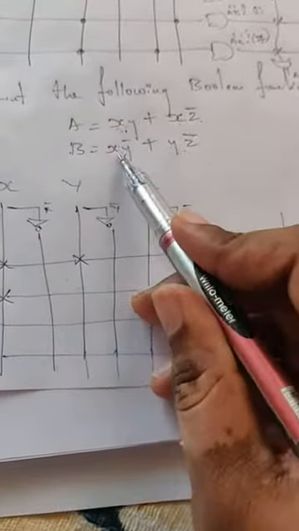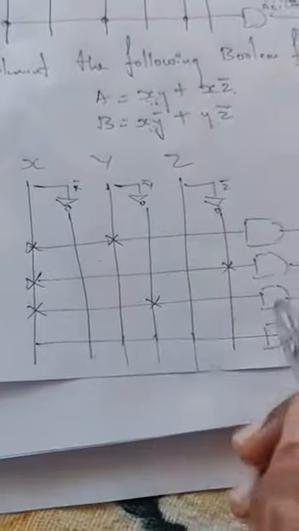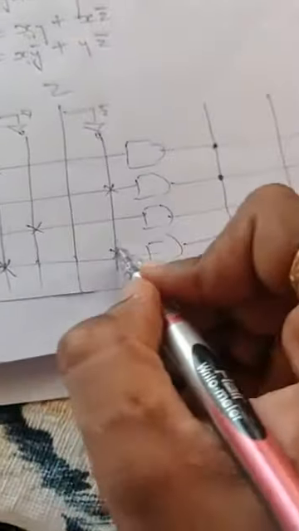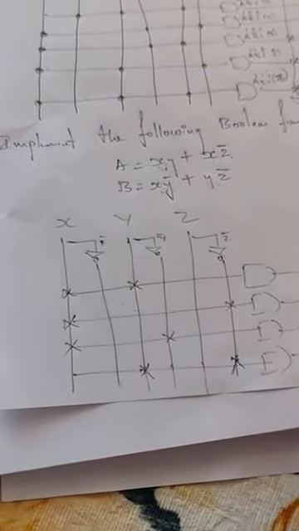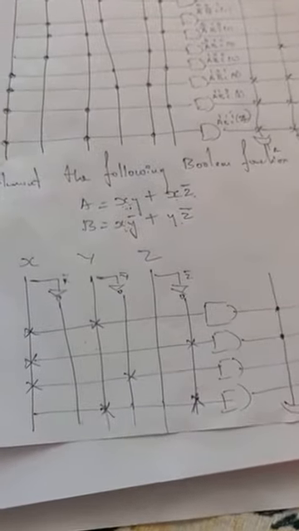We are done with A. So going with B, x, y bar. Then y, z bar. This is y and z bar. These 2 refer to B. So this is how you are going to deal with PAL, two expressions.